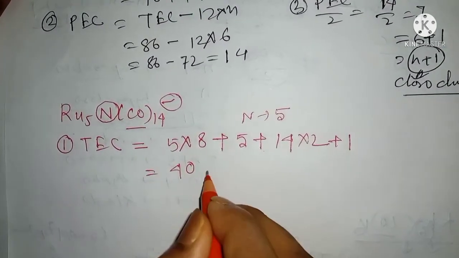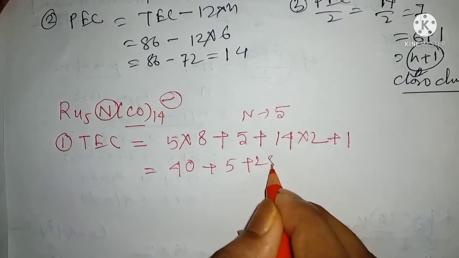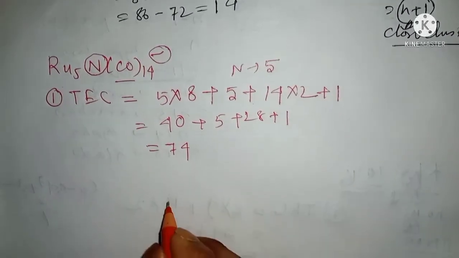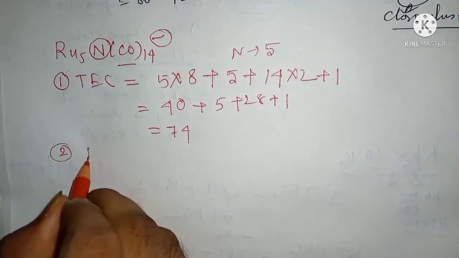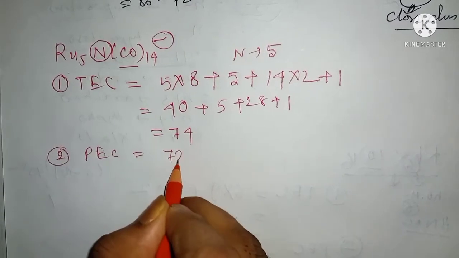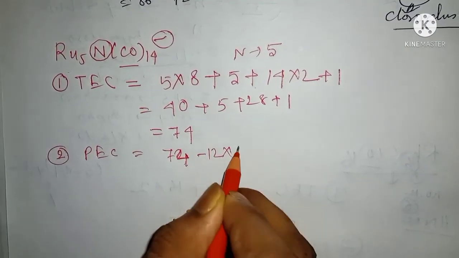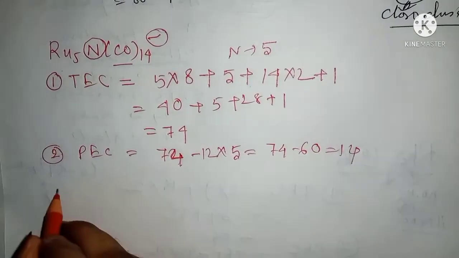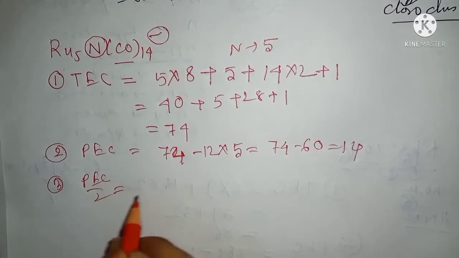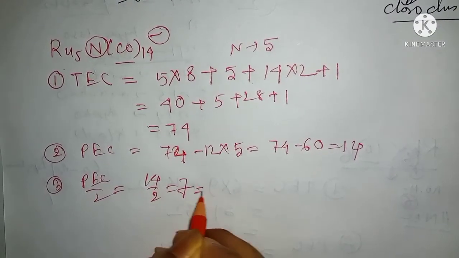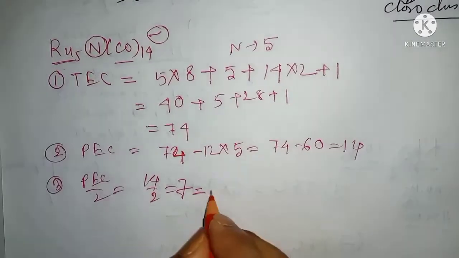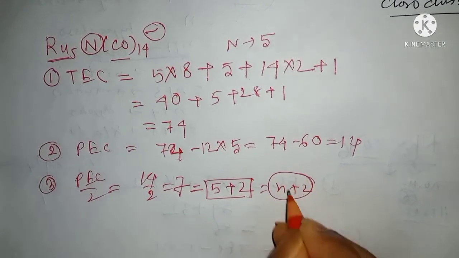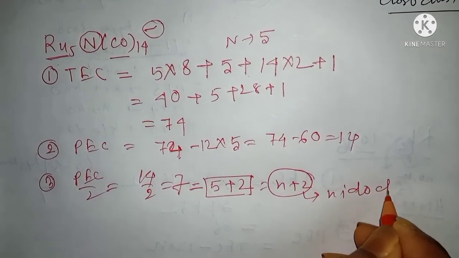So 40 plus 5 plus 28 plus 1 equals 74. Then polyhedral electron count equals 74 minus 12 into 5, which is 74 minus 60 equals 14. Then 14 by 2 equals 7. The number of metal atoms is 5, so 5 plus 2 equals 7. So this is the n plus 2 rule, for nido clusters.